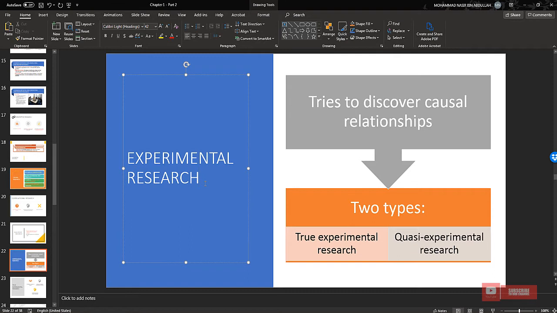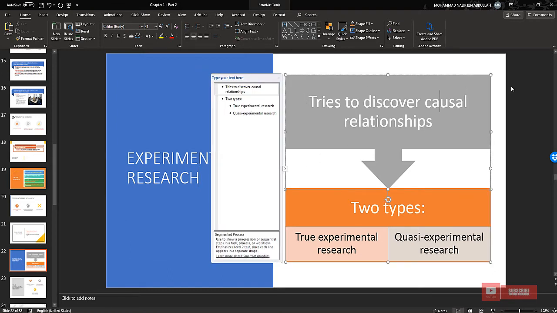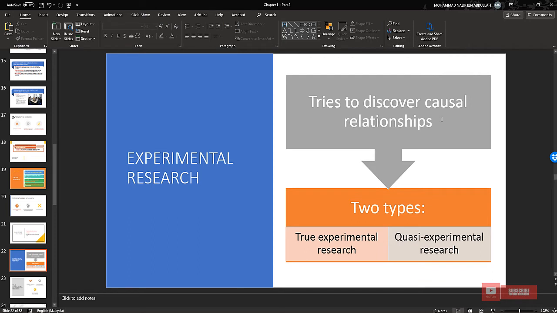For experimental research, as we have discussed, from conclusive research we have descriptive research and causal research. Causal research is a confirmatory study. Normally, a confirmatory study involves experimental research. We need to understand the effect and why it happened, cause and effect. So experimental research tries to discover causal relationships.